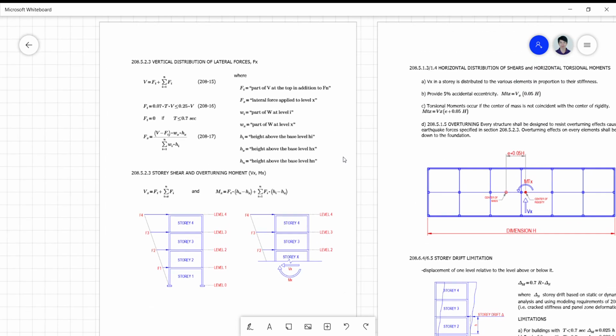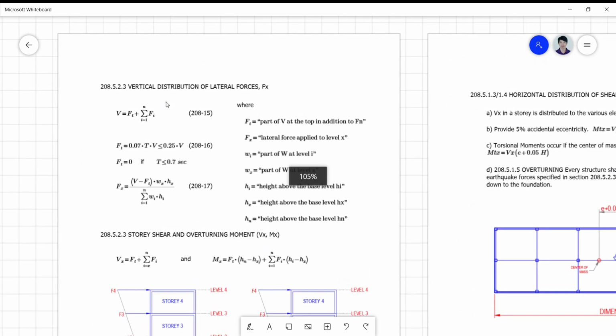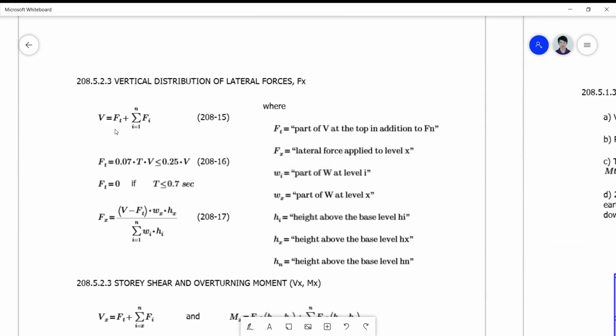Okay, for the vertical distribution of lateral forces, the formula is simply a function of your base shear, wherein the base shear, after computing it, can now be used to back compute your forces. So it's the other way around.